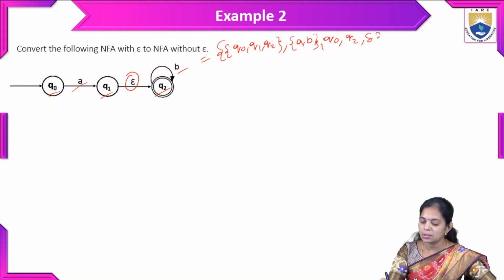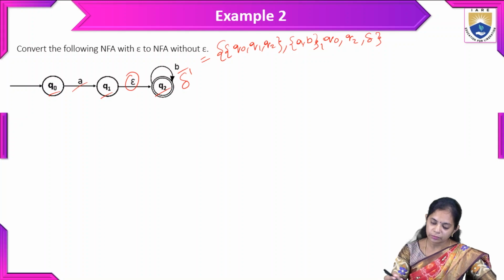By seeing this, we can say that many transitions are there. And now we need to find the transition function, so delta dash or delta 1, we have to convert.